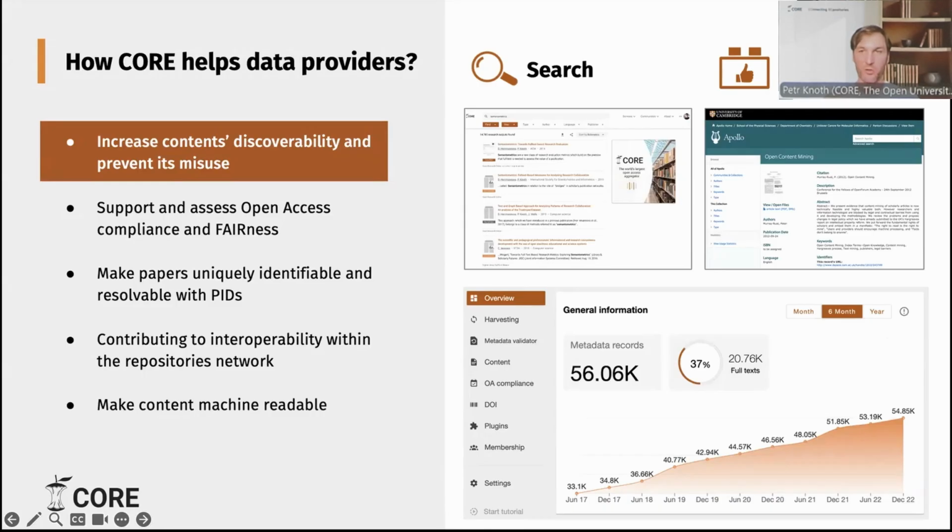CORE Dashboard is effectively a console for a repository manager, the equivalent of Google Search Console but for repositories. It gives you information about how your content is discoverable. It detects issues with your repository from how the outside world can see it, and it provides lots of content management information and analytical tools about your repository.